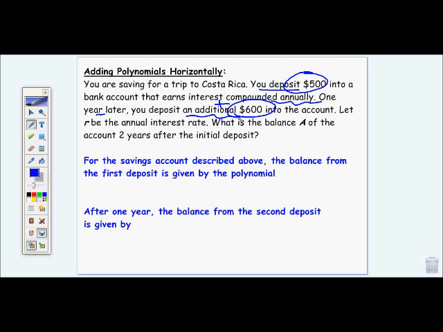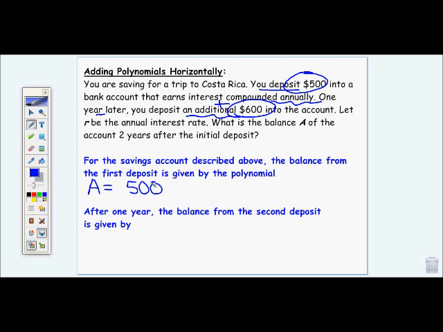So for the savings account described above, the balance from the first deposit is given by the polynomial. So we'll go ahead and write this down, that we have A equals, okay, and that's going to be the balance of account A. We're going to have the $500 we put in, and we're going to add the 1,000.